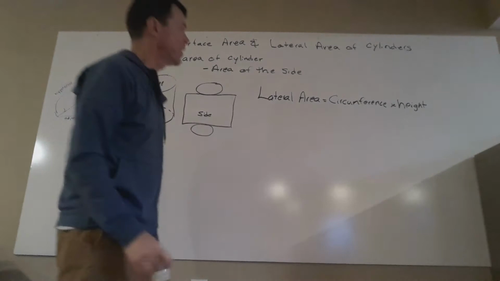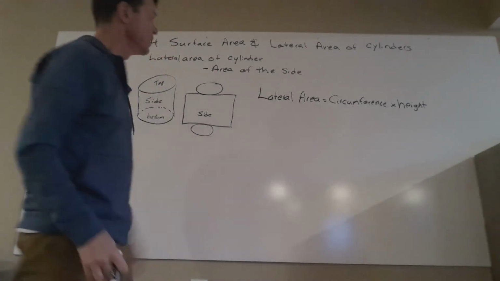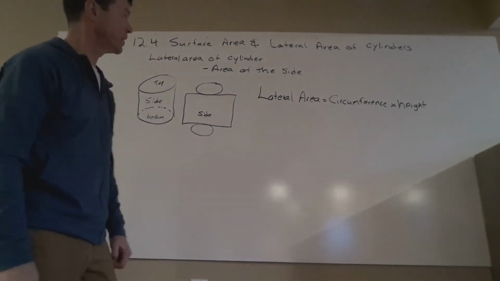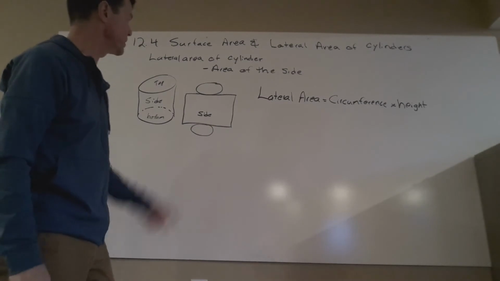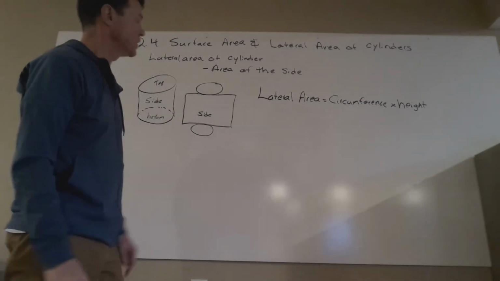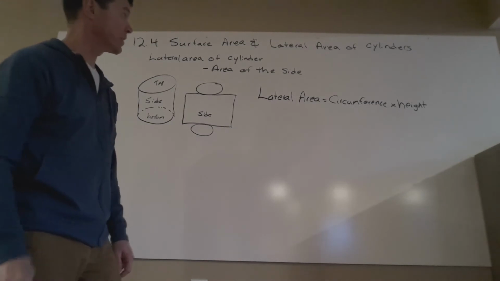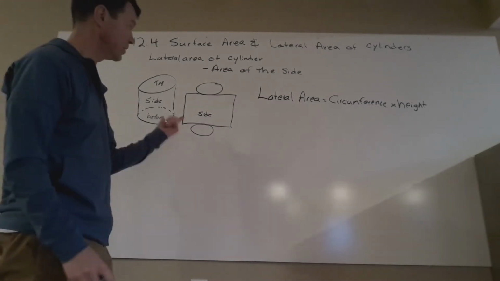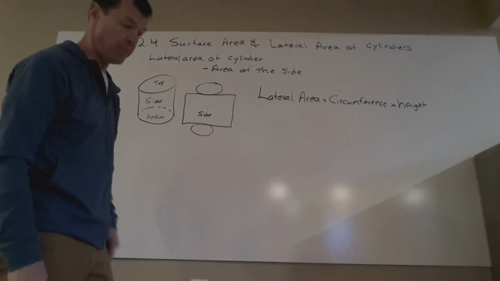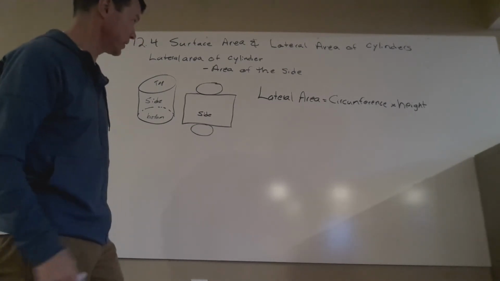So you may need to calculate the circumference of this can to get your lateral area, unless that's given to you, but we'll have to use either radius or diameter to calculate the circumference, and then we'll multiply that by the height, and that'll give us our lateral area.